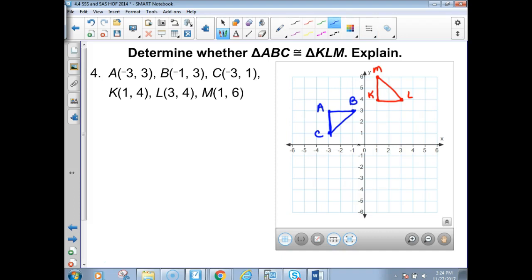Okay, what do you think? Did we plot the points correctly? Okay, make sure you did. All right. What could we do? Do you know how long AC is? Okay, it's 2. How long's AB?